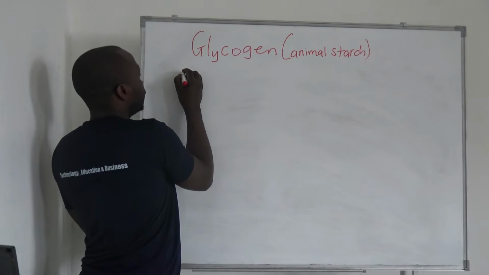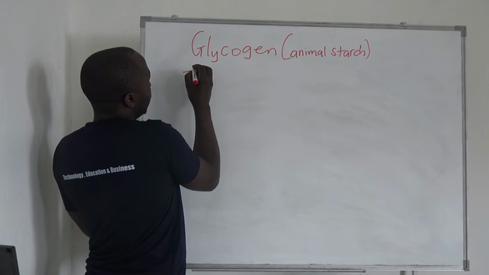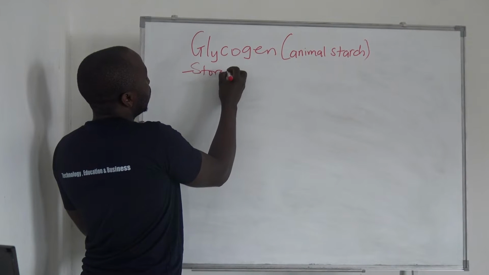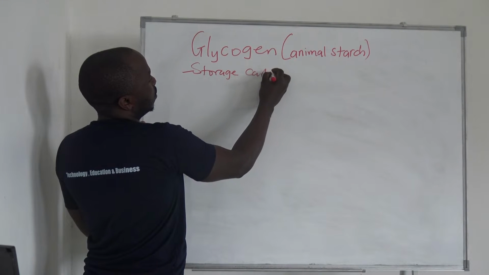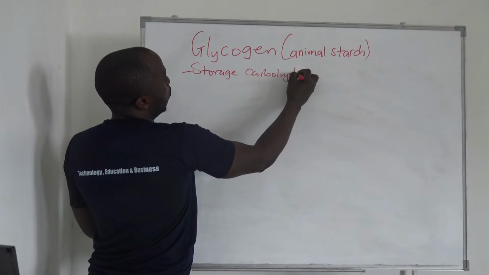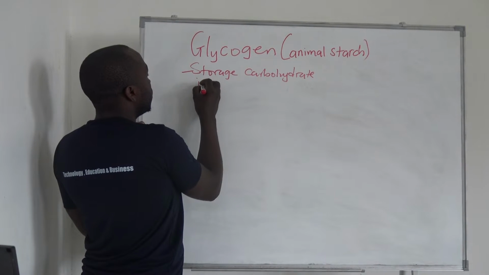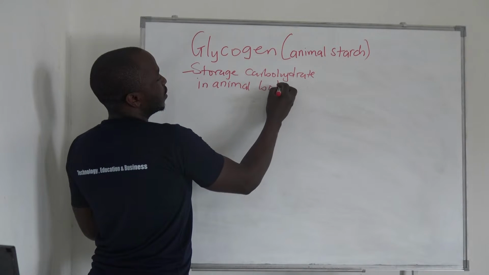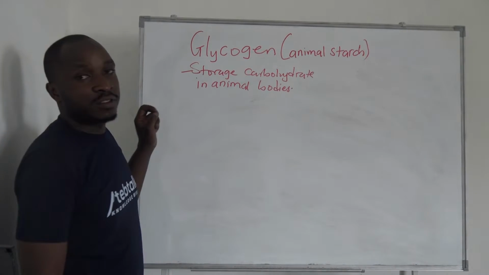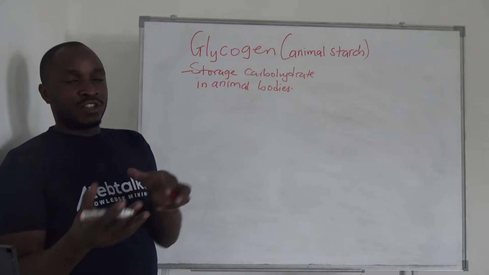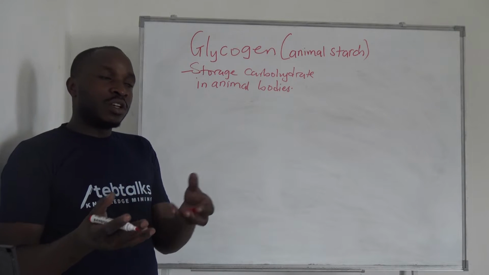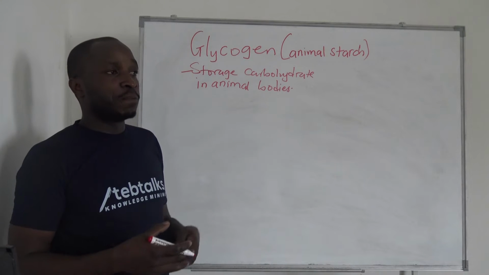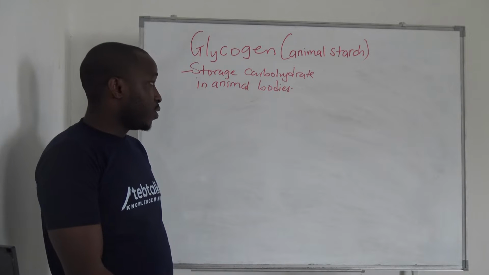Glycogen is a storage carbohydrate in animal bodies. For instance, when you eat a lot of starch from plant materials, you digest it, starch is digestible, into glucose subunits.